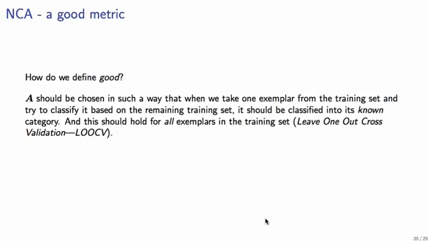So actually we can make our life a little bit easier and not learn Q, but learn a good A. The question of what a good metric is still remains though.